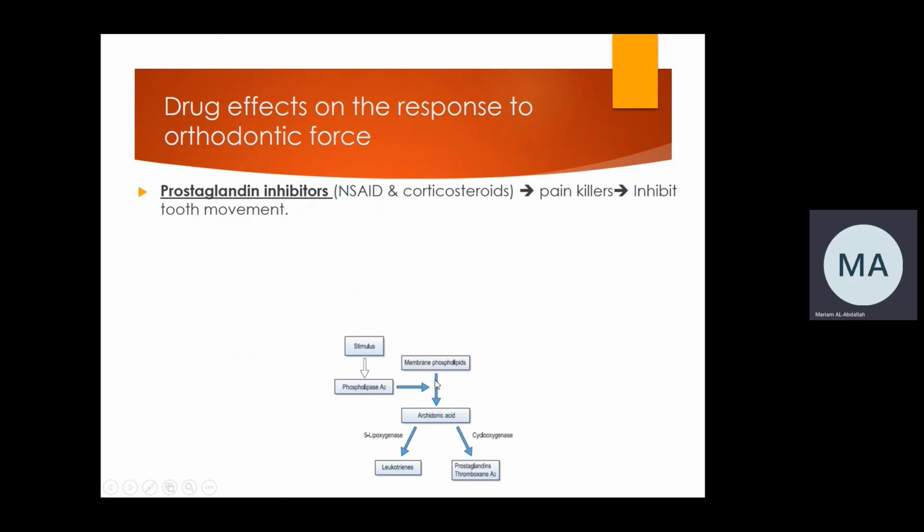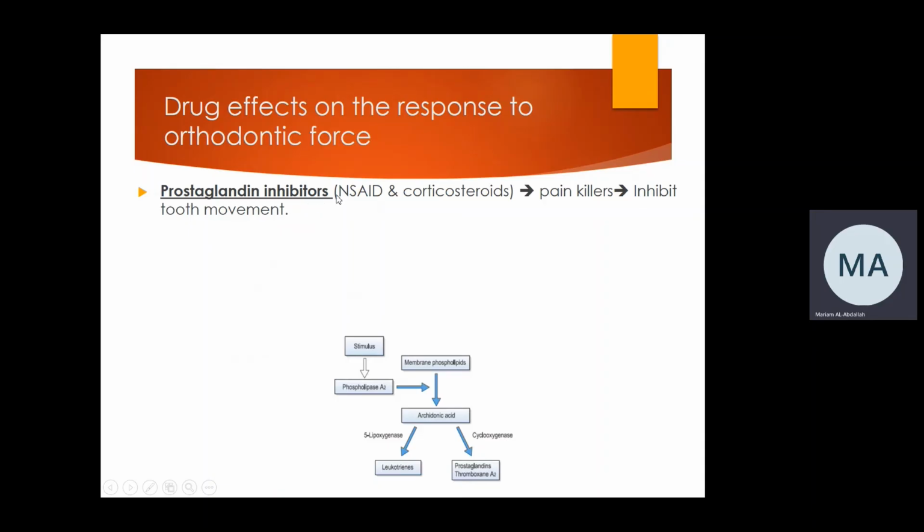And what happens is that the arachidonic acid will be disturbed, and it will produce leukotrienes, prostaglandins, and thromboxane A2. Okay, and these are necessary to start the tooth movement. So if these were inhibited, then we expect a delay and inhibition of tooth movement.